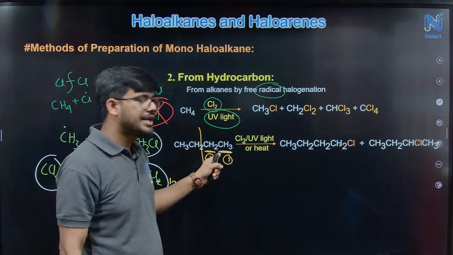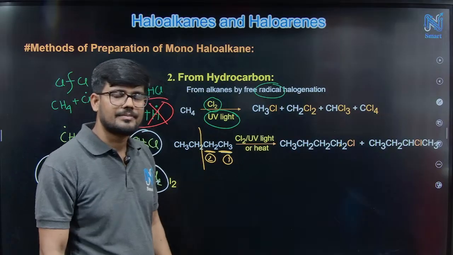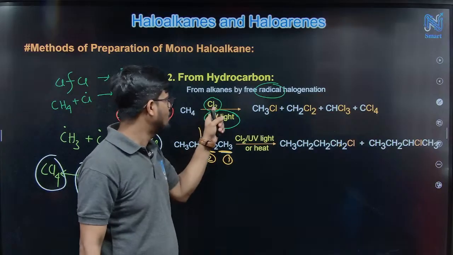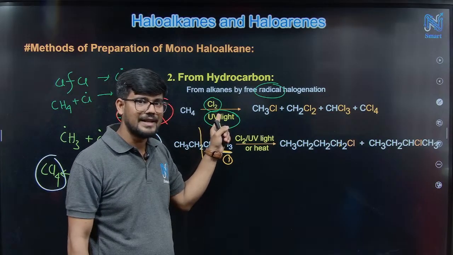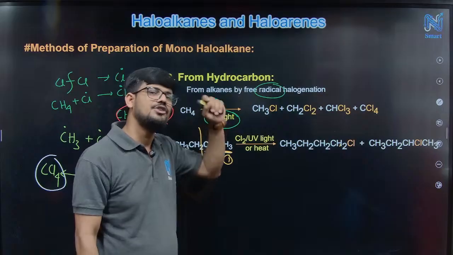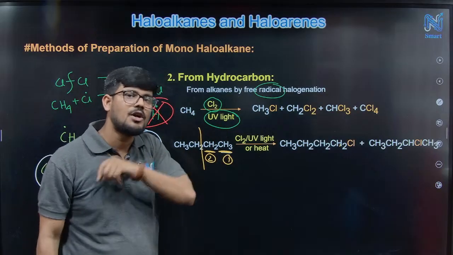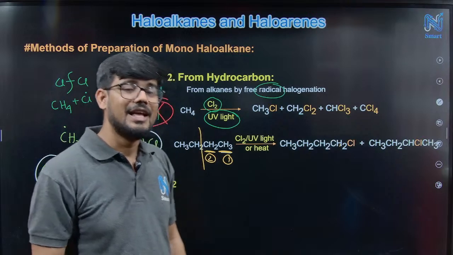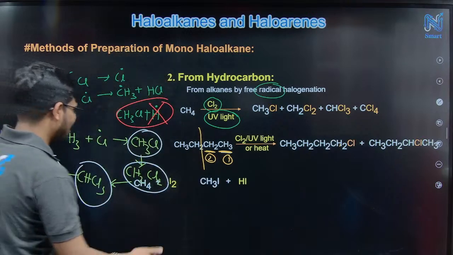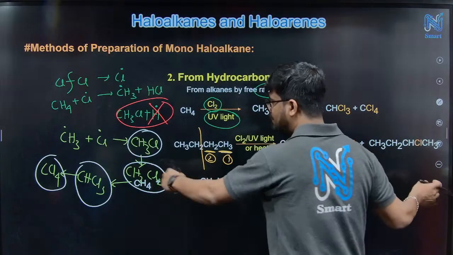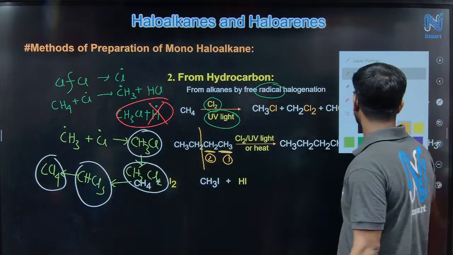This is chlorination, with chlorine in presence of UV light. Now if I consider iodination, let's use iodine, methane and iodine. So what product will you get? In that case, we have to remove this part. I hope you have written all of this.